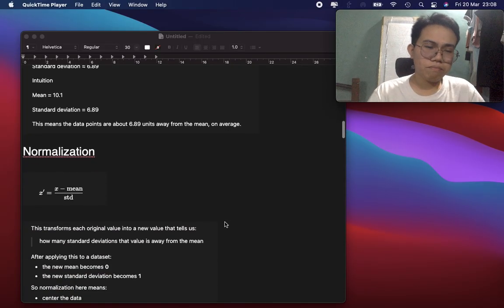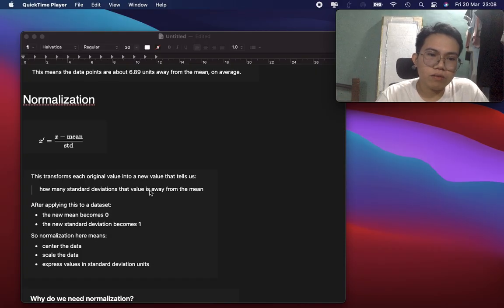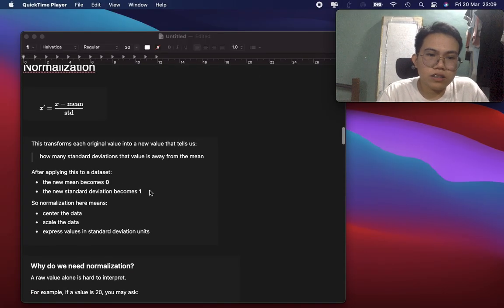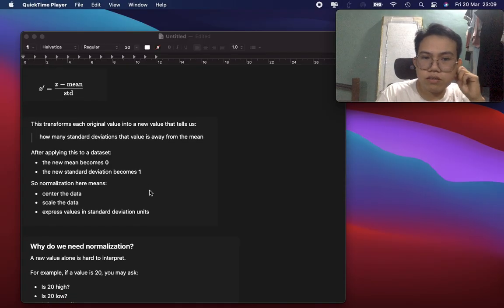So here we have the normalization formula. The formula is a specific value from the data set minus the mean, divided by the standard deviation. This transforms each original value into a new value that tells us how many standard deviations that value is away from the mean.